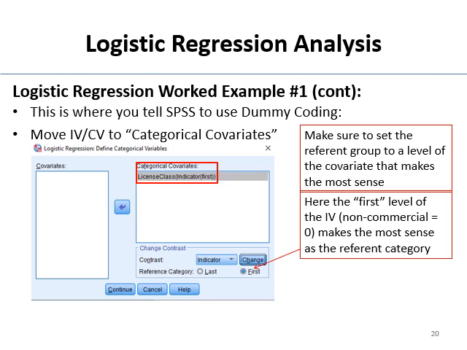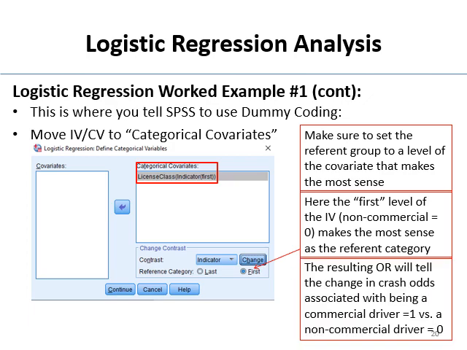If you think about how this variable is coded, 0 was equal to non-commercial, which is lower, right? It's the first value, I guess. 1 was commercial. So by clicking first and clicking change, we're going to be comparing the higher value, that is commercial drivers, to non-commercial drivers.